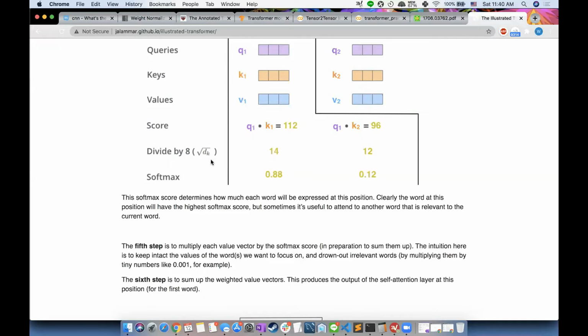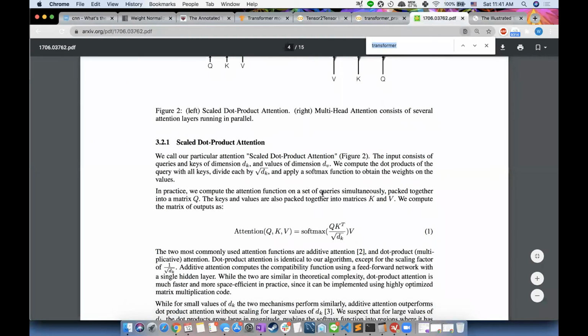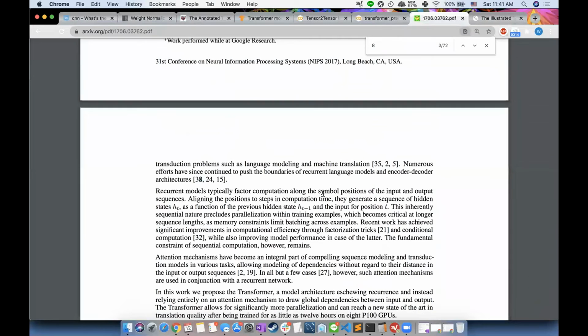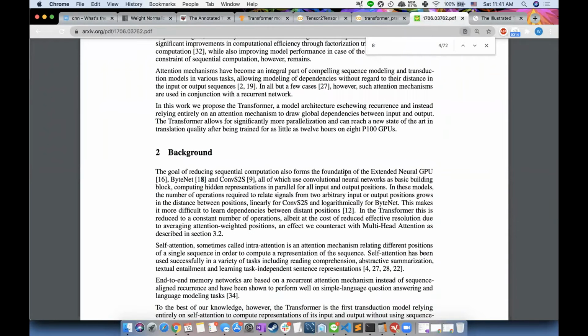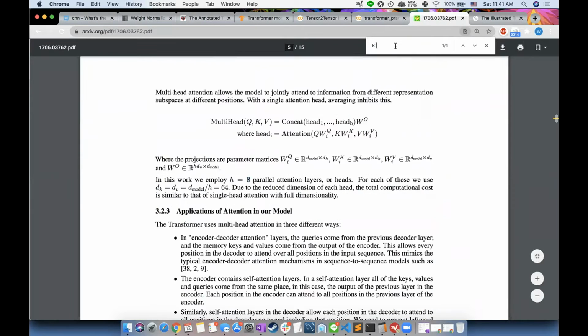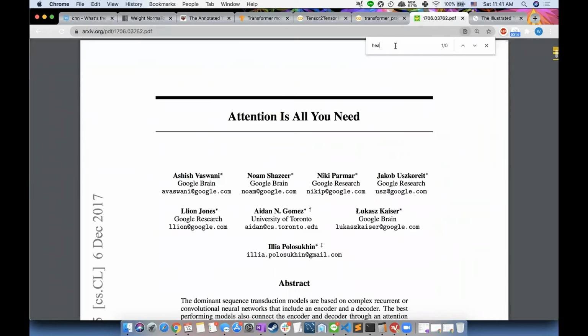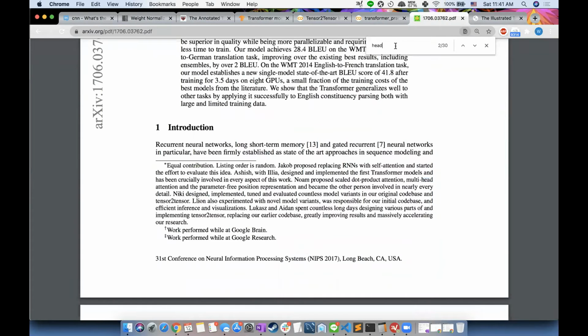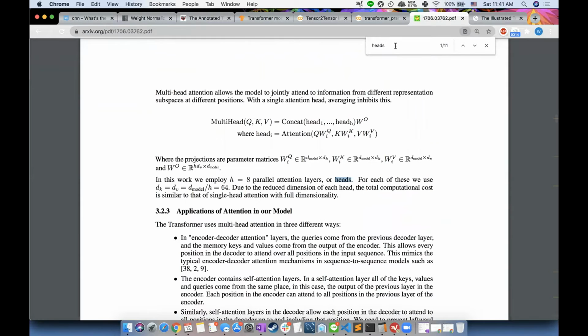Let me see if the paper mentions why they chose 8 heads. The paper is right here. I think 8 heads is just a hyperparameter, right?